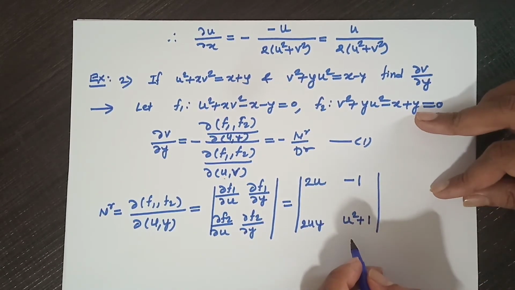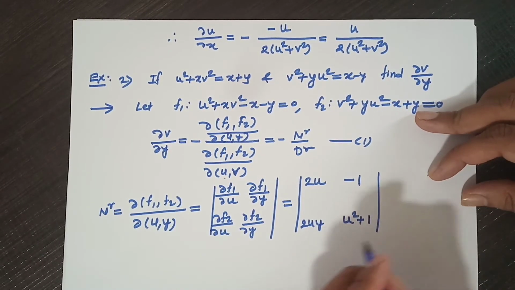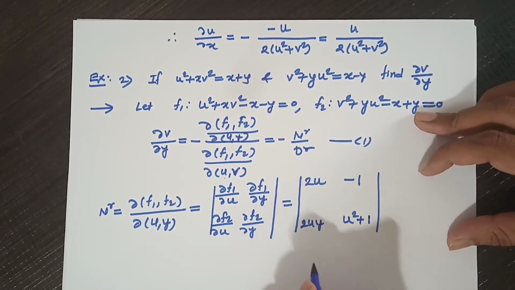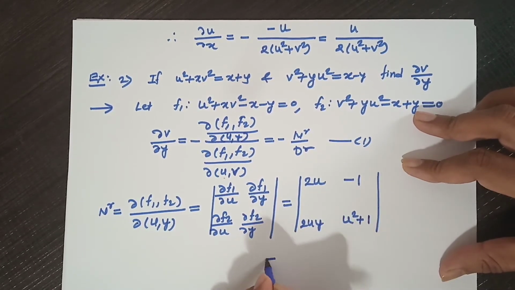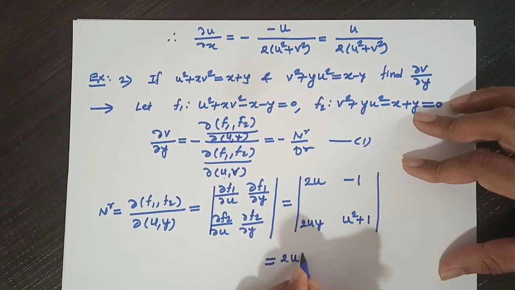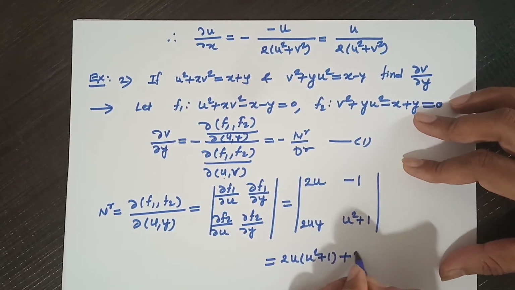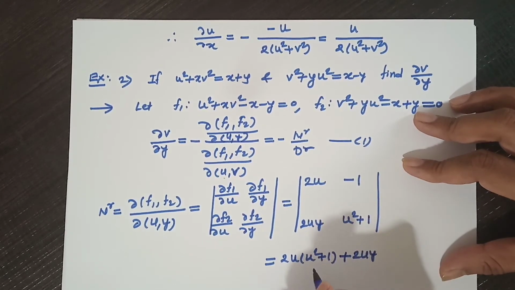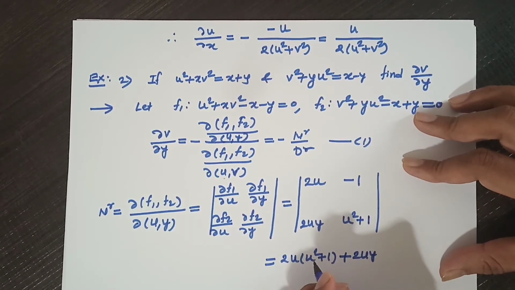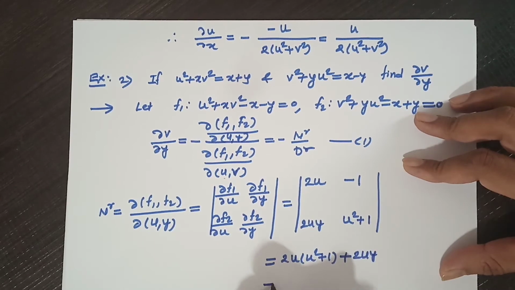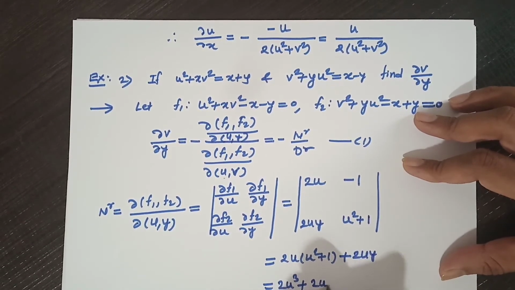Solve this determinant. Solving the determinant, the product of these two is 2u times (u square plus 1), minus y becomes plus 2uy, and that is 2 times u cube plus 2u plus 2 times uy.